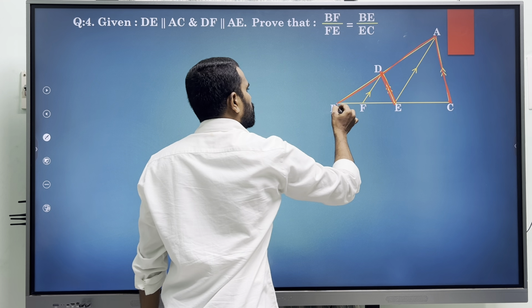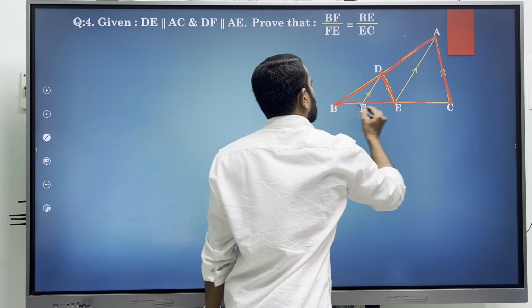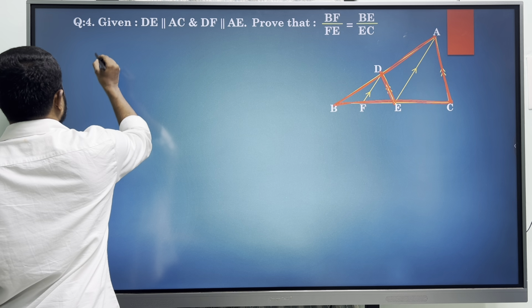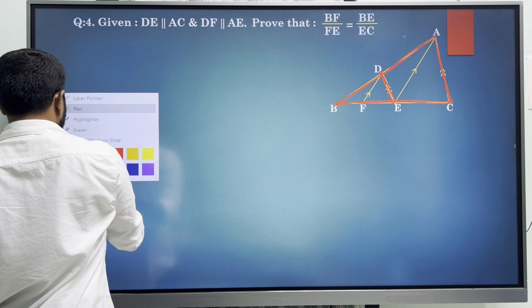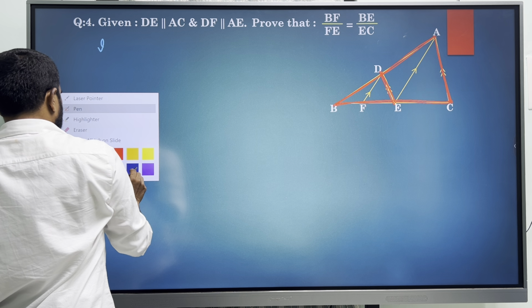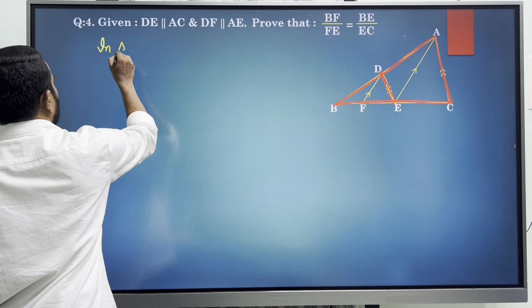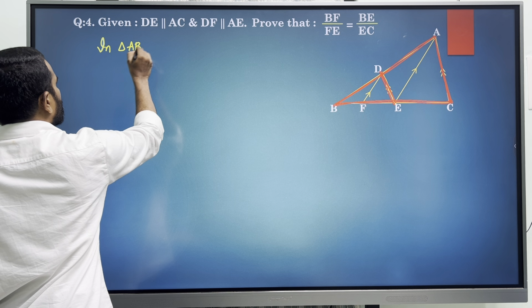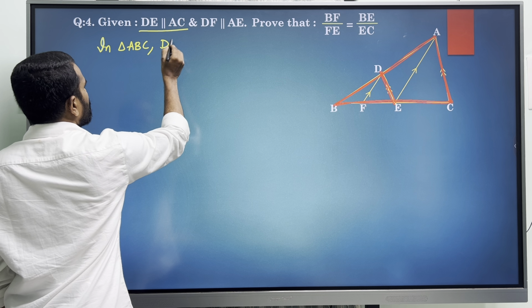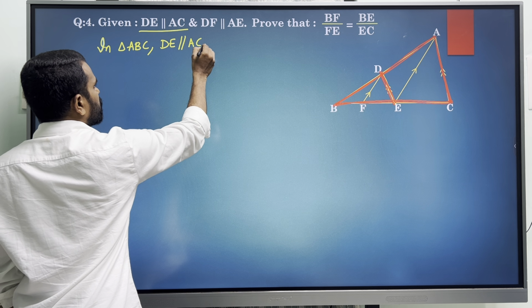We have to take the total triangle ABC. In triangle ABC, DE is parallel to AC.